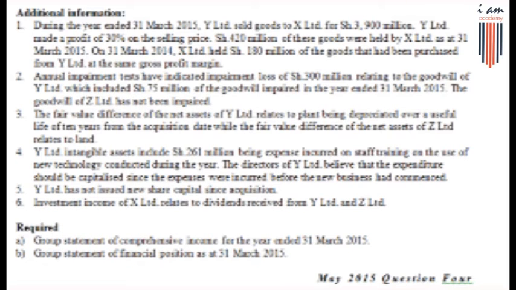The directors of Y Limited believe that the expenditure should be capitalized since the expense were incurred before the new business had commenced. 5. Y Limited has not issued new share capital since acquisition. 6. Investment income of X Limited relates to dividends received from Y Limited and Z Limited.